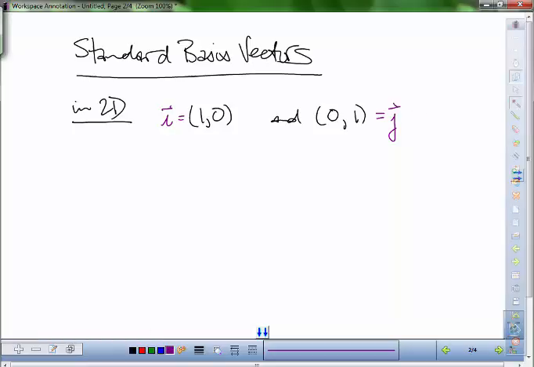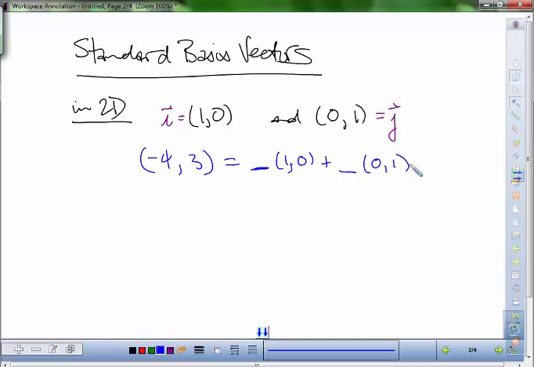Like I said, if we pick any vector, give me a random vector in 2 dimensions: <-4, 3>. What we're saying here is that <-4, 3>, or any vector for that matter, can be written as a scalar multiple of the first vector, your i vector. Scalar multiple means we're going to scale this. And a scalar multiple of the second vector.